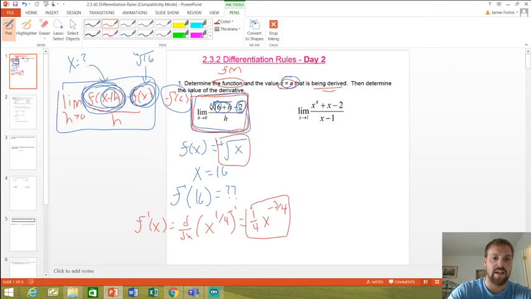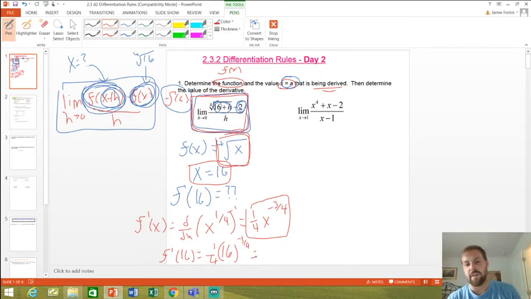It's not asking for that, it's asking for the derivative at 16. So I got the point I'm evaluating at, I got the equation, and I found the derivative. Now, when I plug that in, it's 1/4 times 16 to the negative 3/4 power. And I think you can simplify that down a little bit.